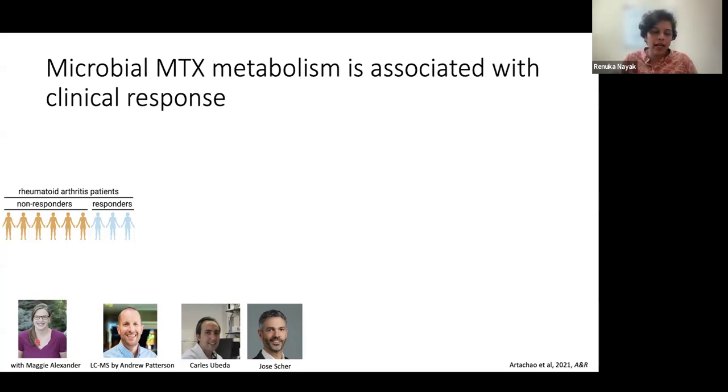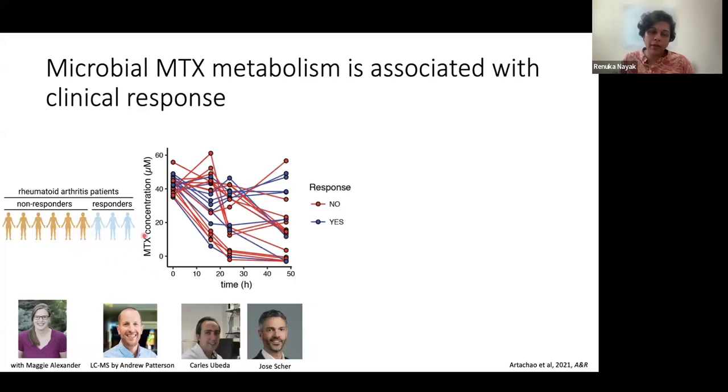We studied, along with Maggie Alexander, a postdoc in the lab, RA patients before they were treated. So these are treatment naive RA patients, their stool samples, and we incubated those stool samples with methotrexate, okay? And Jose had followed those patients and had determined whether they ended up being responders or non-responders. But we were working with their pre-treatment microbiome, okay?